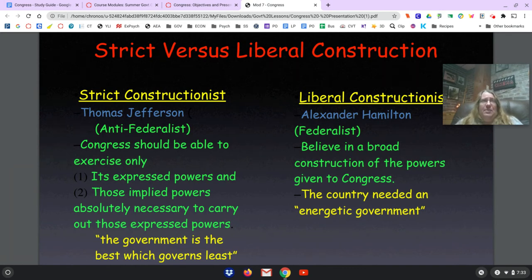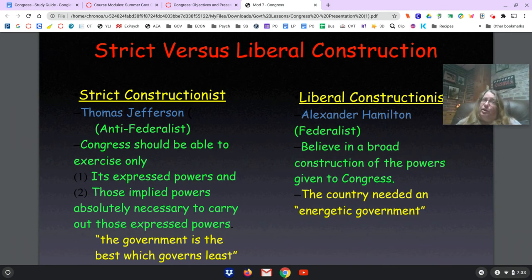That should be a state power if the state even wants to do it. A liberal constructionist says, you know what? I think that's implied. And so that's why we have all of these federal programs that aren't actually listed in the Constitution.